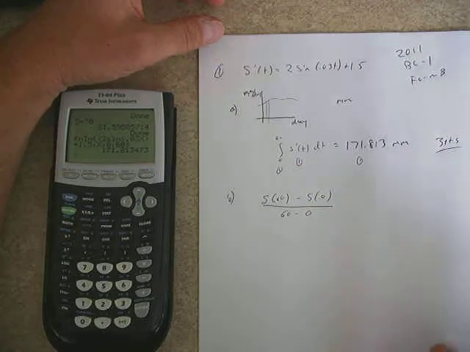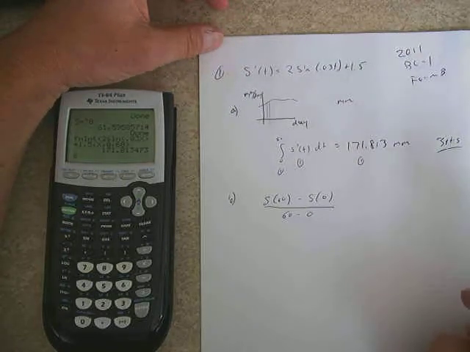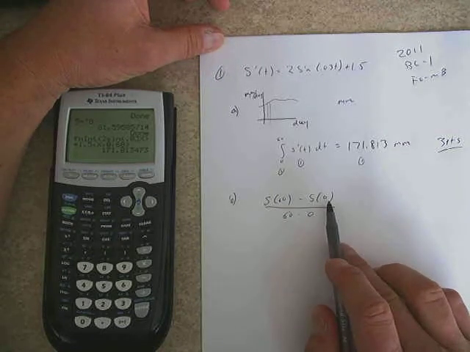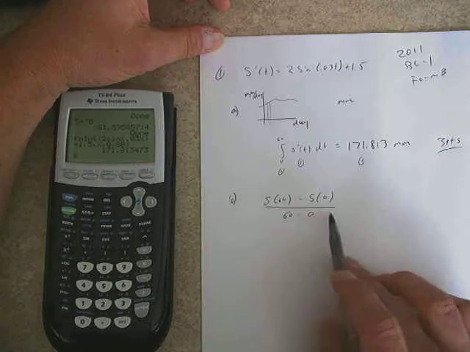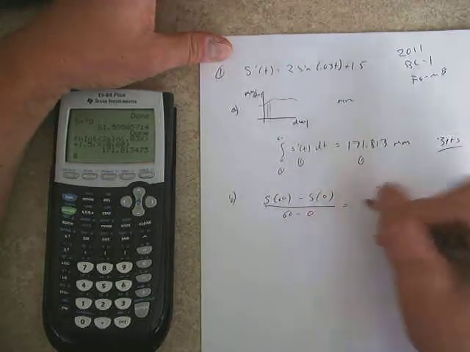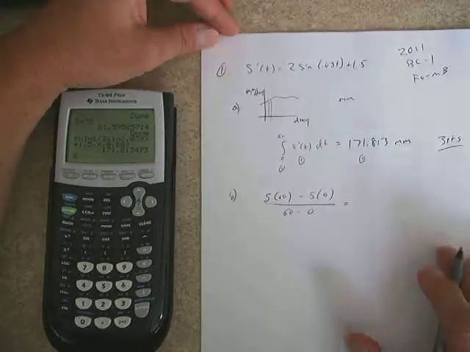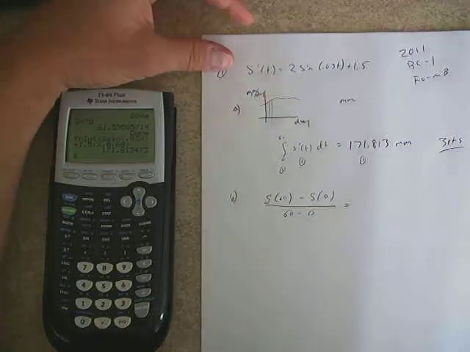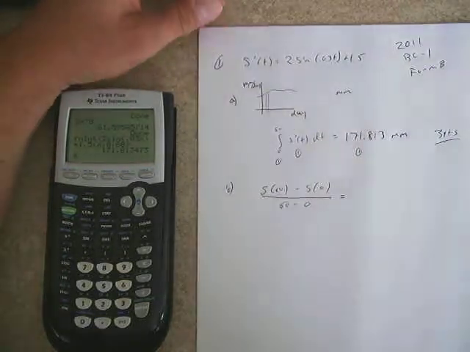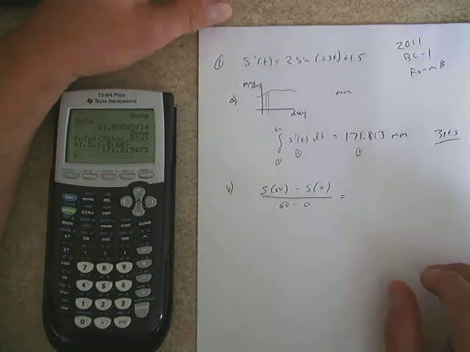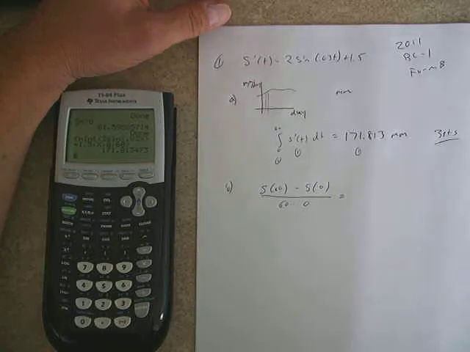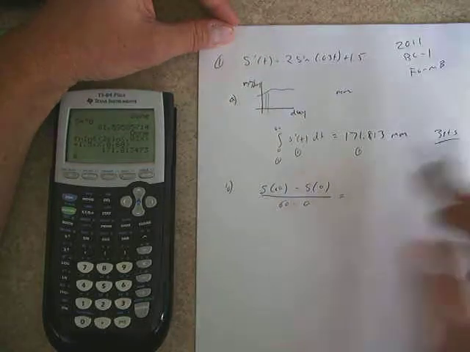Because remember, an average rate of change is just a slope. And again, we're looking for the average rate of change in the height of the water. So if we knew the height at 60 and the height at 0, time at 60, time at 0, we can calculate our average rate of change. Now, what about this S of 60? We know S of 0, I said the can didn't have any water in it at the start. So what about S of 60?